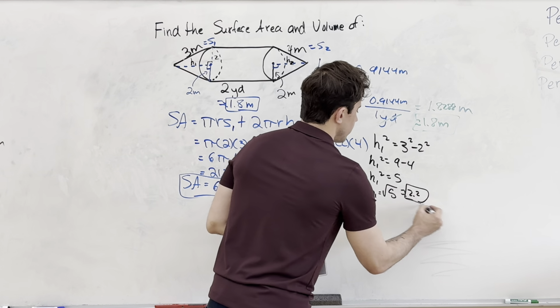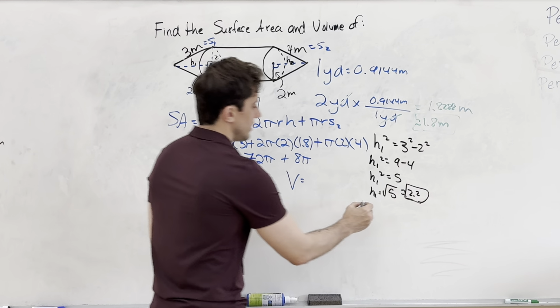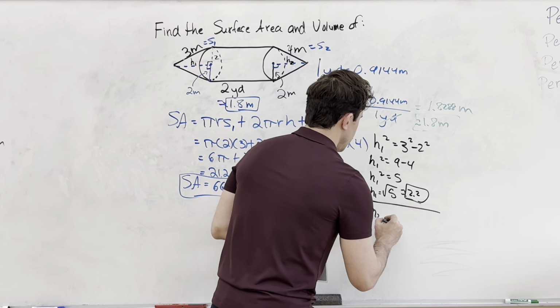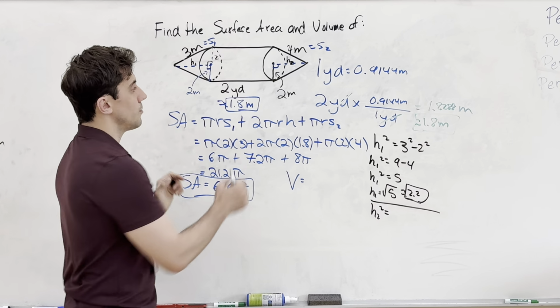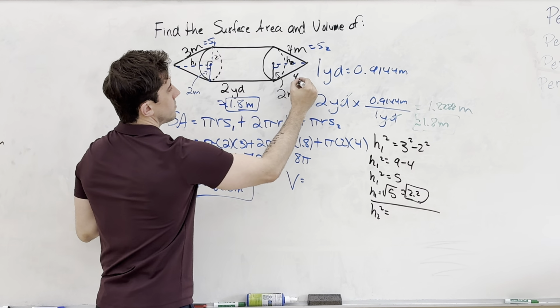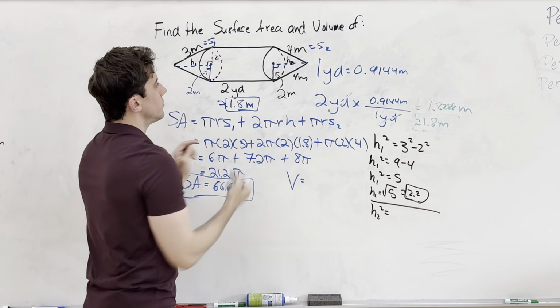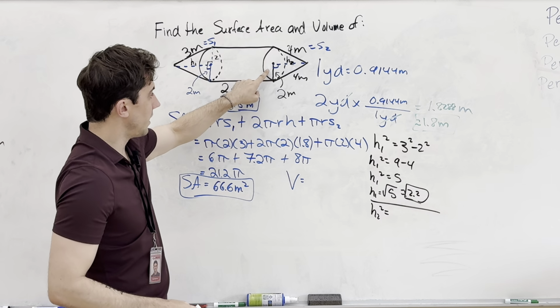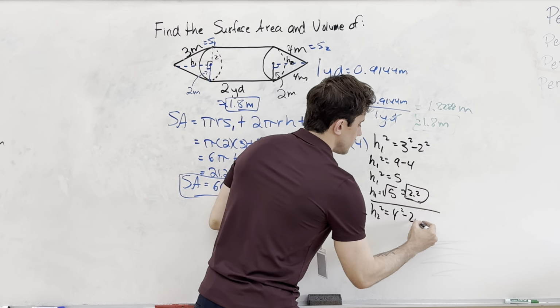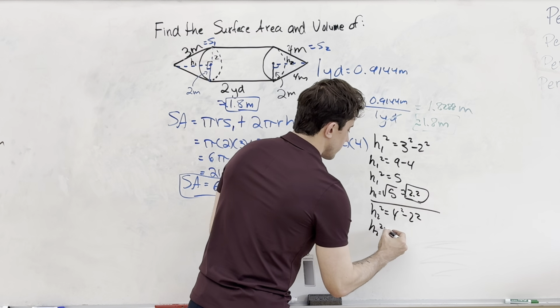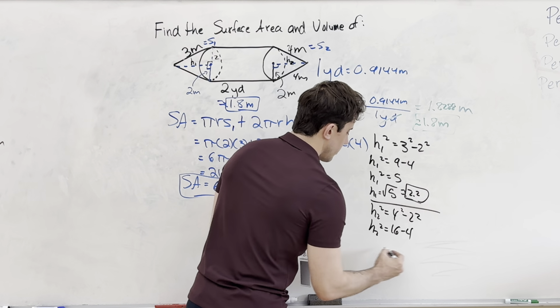Okay. And now we can do the same for H2. H2 squared is going to be, again, H2 is not the hypotenuse. The hypotenuse is the 4 meters, right? This is the cone. And so 4 squared minus the radius of 2 squared. H2 squared is equal to 16 minus 4.